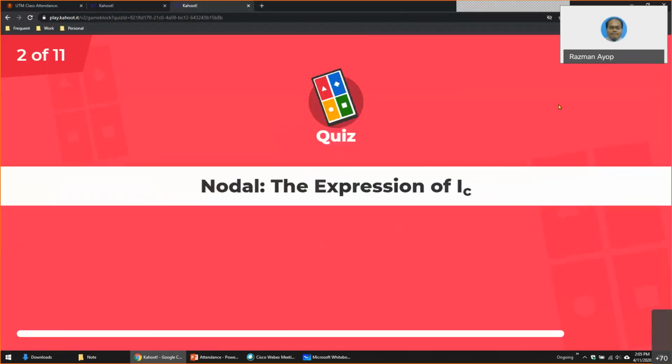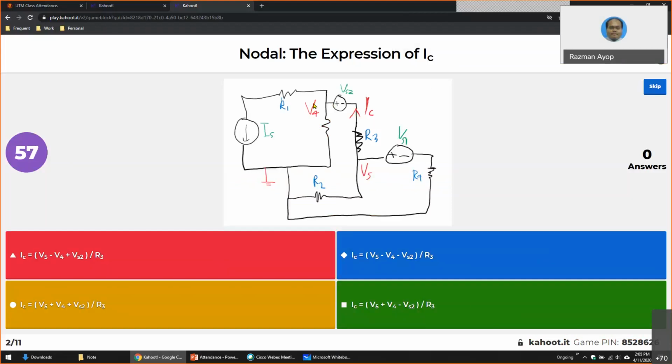The expression of IC. So here is IC. Okay, you have 1 minute to solve this. So what is the expression of IC?